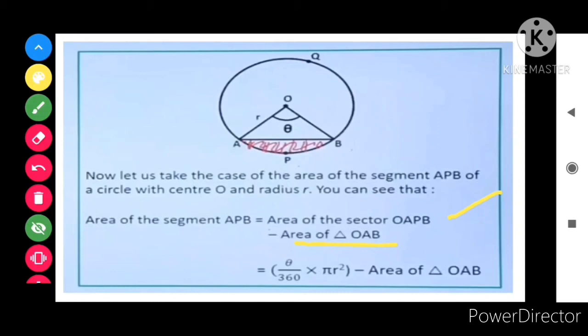So area of the sector, as we know, theta by 360 into pi r square, minus area of the triangle OAB. Very clear? First of all, you have to calculate the area of the sector. Then you have to calculate the area of the triangle. Then you should subtract the area of triangle OAB from area of the sector OAPB. So you will get area of the segment. Very clear? Understood, children?